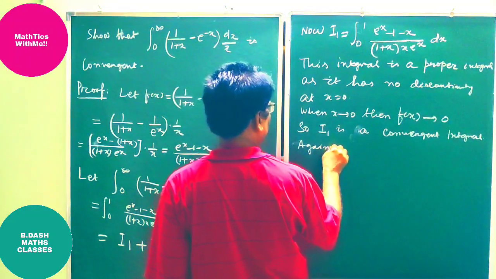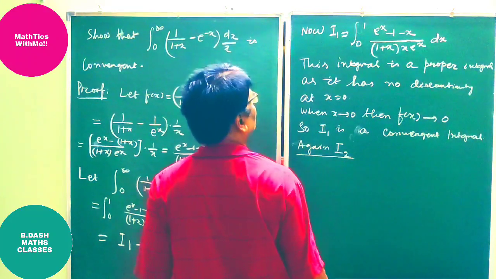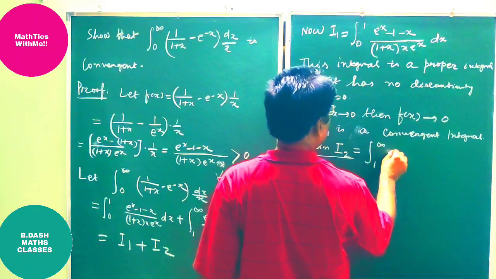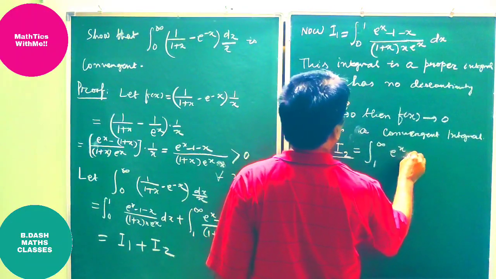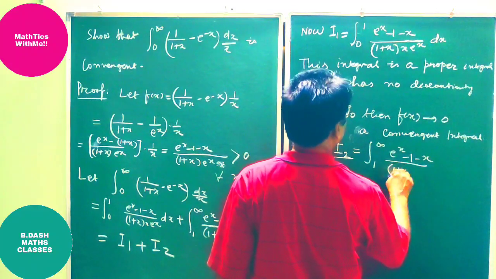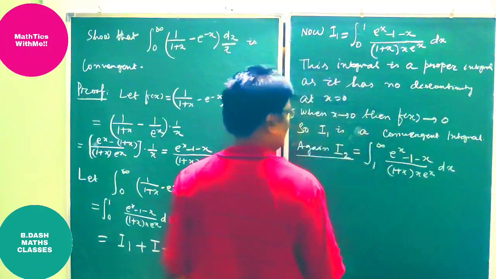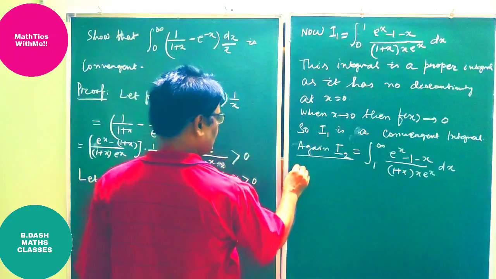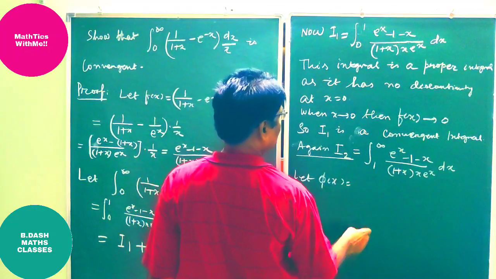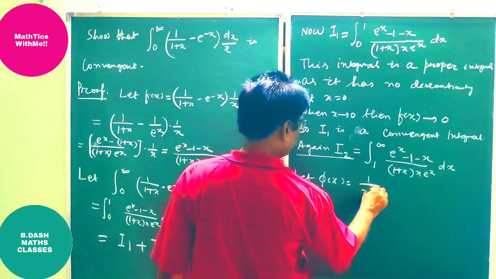Again, I2 is equal to the integration from 1 to infinity of (e to the power x minus 1 minus x) by (1 plus x) into e to the power x dx. Let phi of x be equal to 1 by x square.